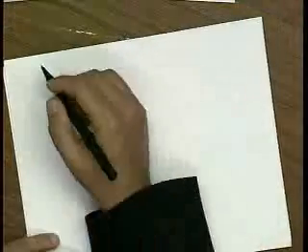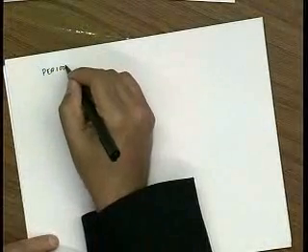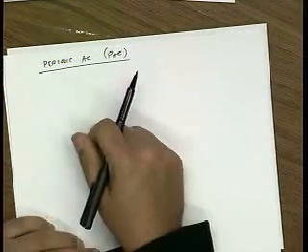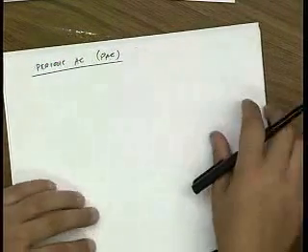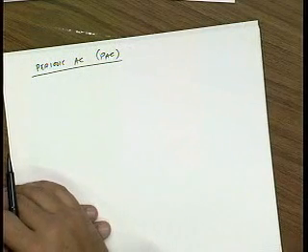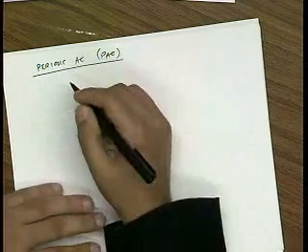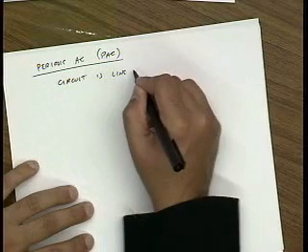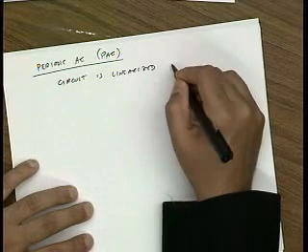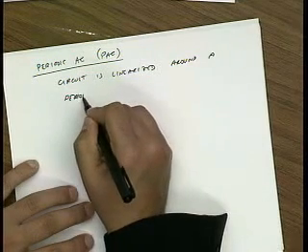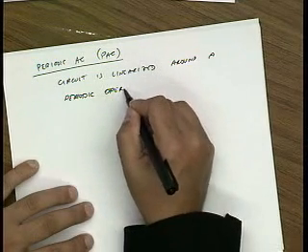Okay, so let's talk about periodic AC analysis, or PAC. PAC is just like doing AC analysis, but instead of doing AC analysis about the DC operating point, it's AC analysis about a periodic operating point. So the circuit is linearized around a periodic operating point.